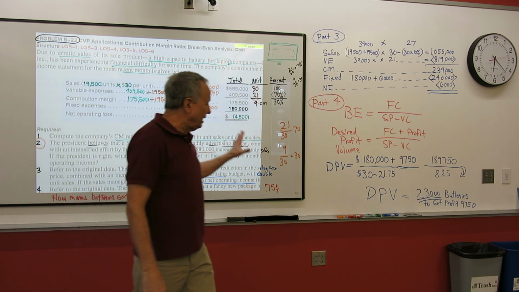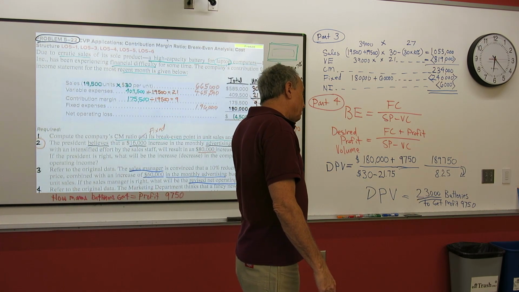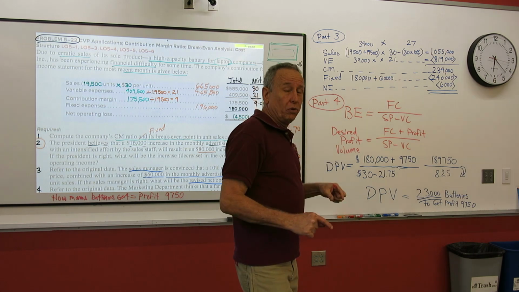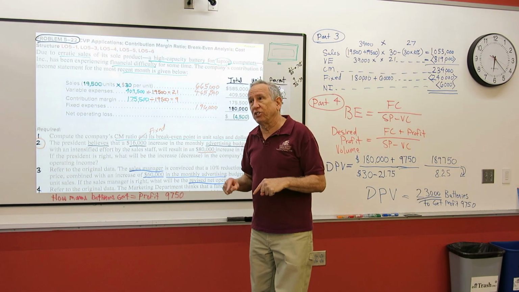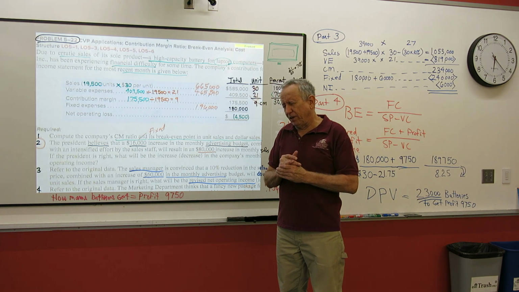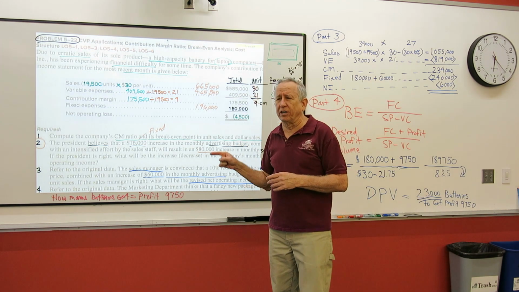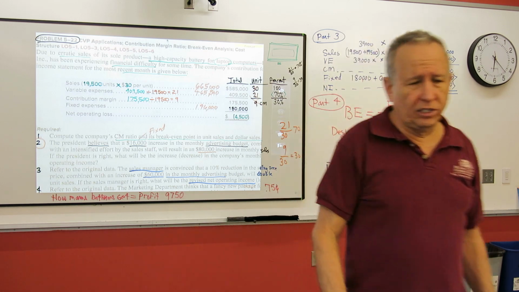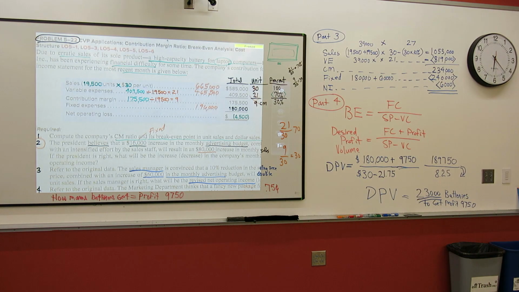Anyway, this is the end of chapter 5. And now we move on to chapter 7. Chapter 7 is going to be on ABC, activity-based costing. Let me see if I can pause this, and I'm going to erase the board.